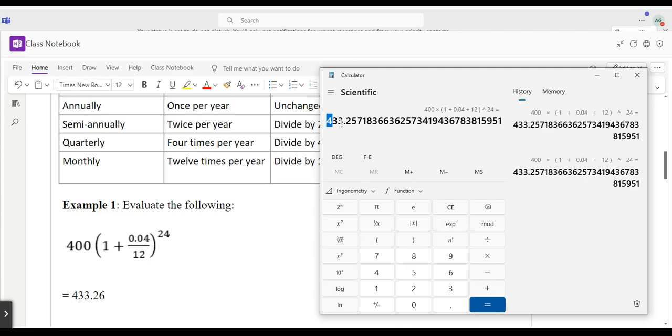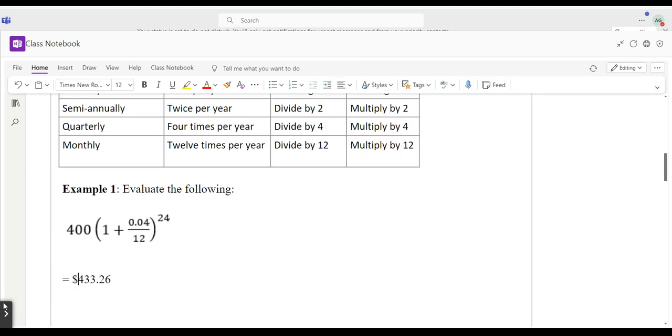And I got my answer here. So you get a lot of decimal places, but again, we perform the normal measures of rounding. So this is 433.25. Since the 7 is 5 or greater, we round up to 433.26. Okay? And so typing this into your calculator yields this result.